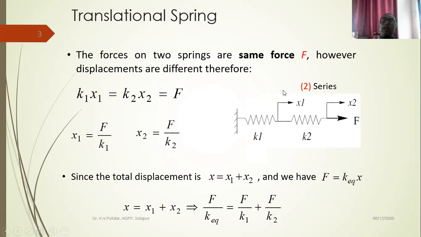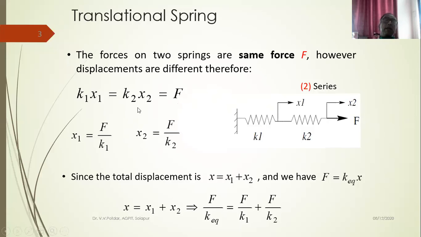And if we call the overall displacement X, total displacement X will be X1 plus X2. As we said, the forces on the two springs are the same, force F, however displacements are different.